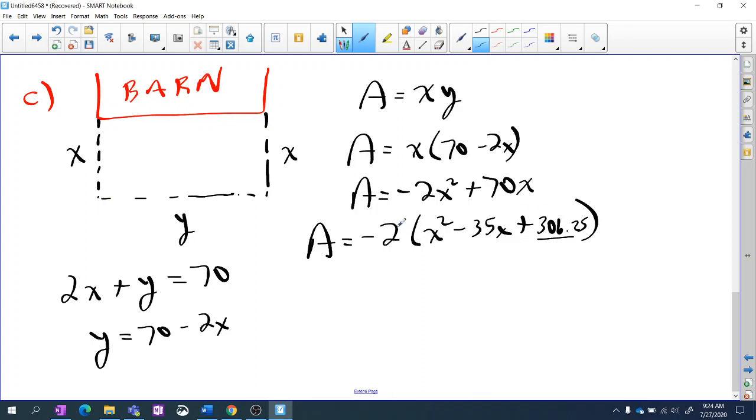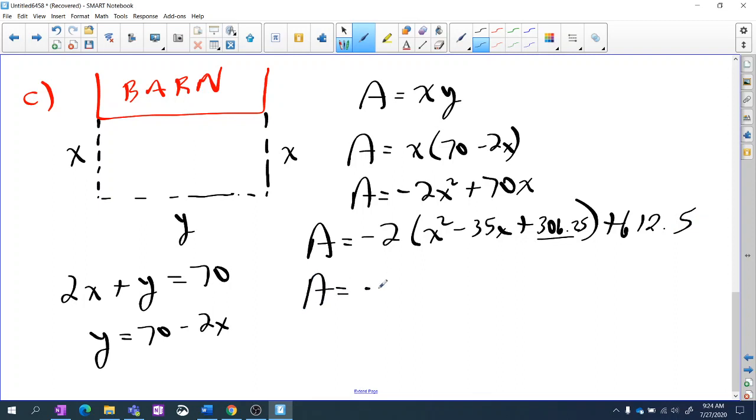Multiply that by negative 2. Oh, that's not what I wanted, sorry. 306.25 times 2 should be 612.5. And I want that it's going to give me negative, so I'm going to have to add 612.5.